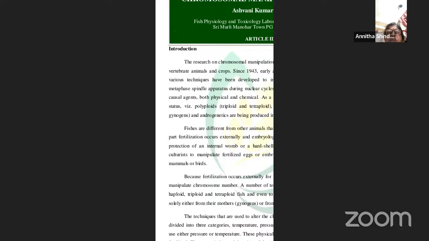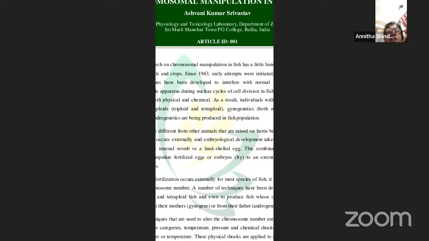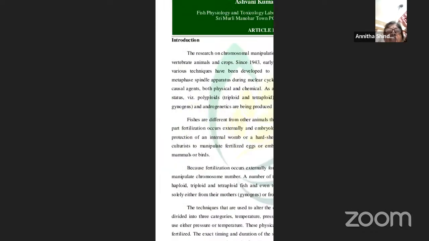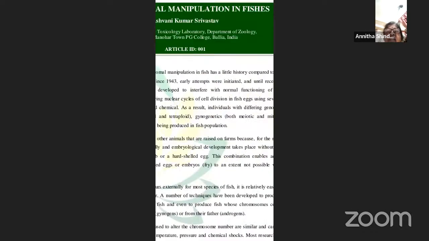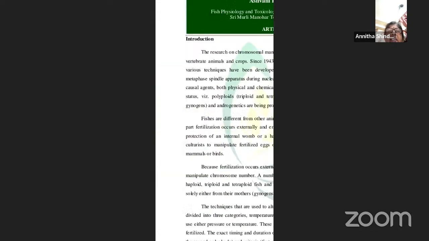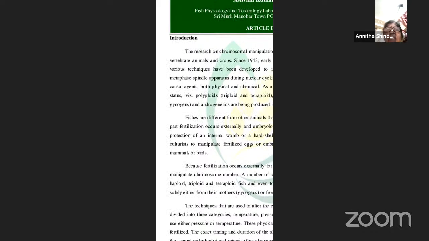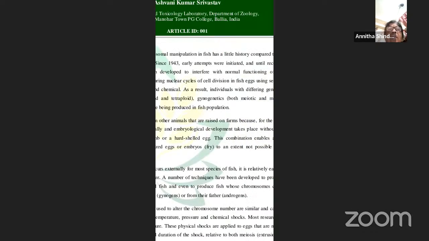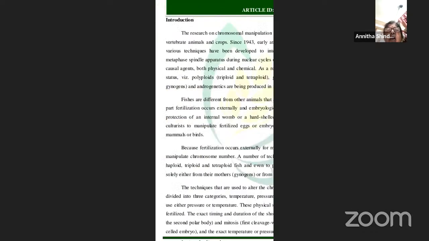By doing the gene manipulation, individuals with differing genomic constitutions, the polyploids, that is triploids as well as the tetraploids, then gynogenetics, both meiotic as well as mitotic gynogens, and the androgenics are being produced in the fish population.